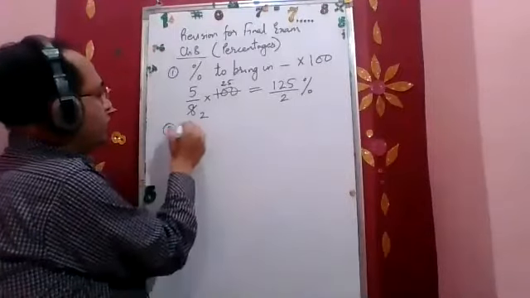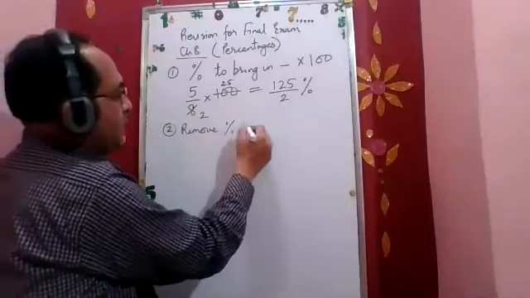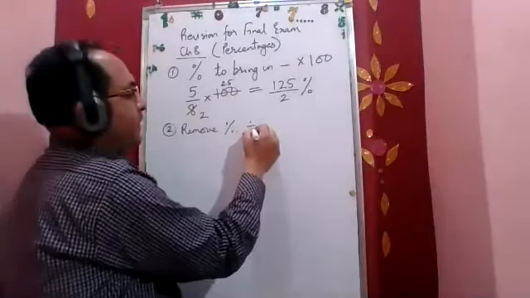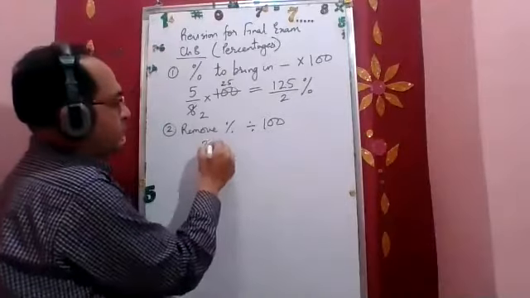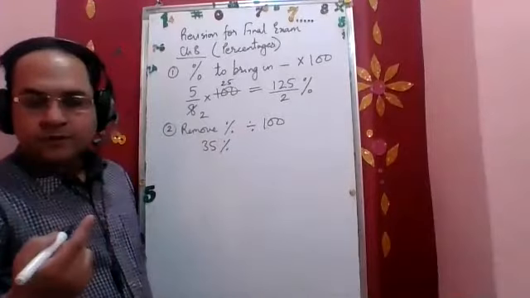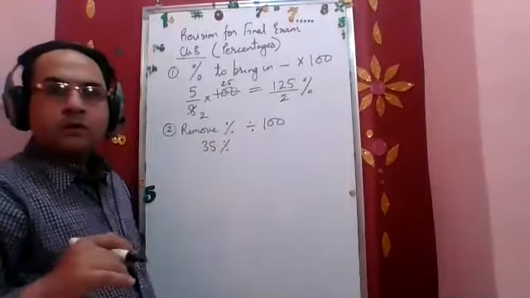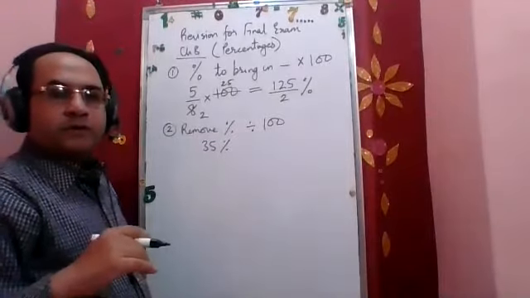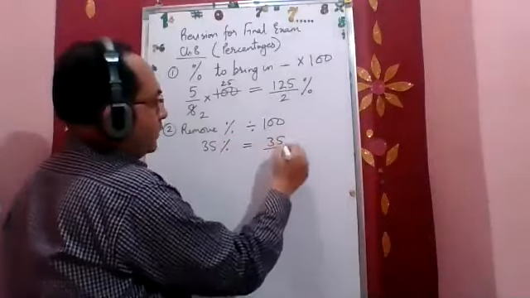If you want to remove the percent sign, divide by 100. For example, you want to convert 35% into a fraction, so it will be 35 upon 100.